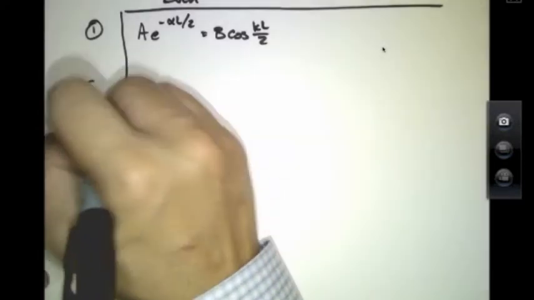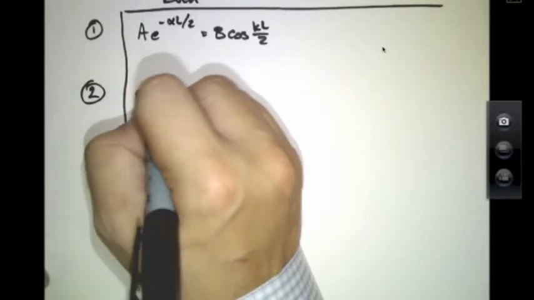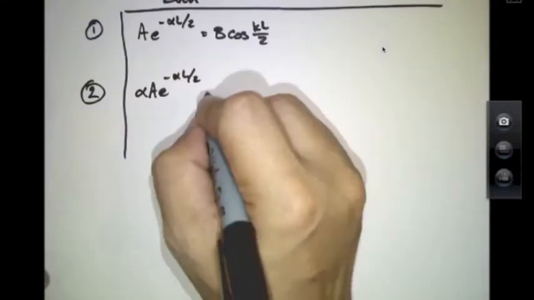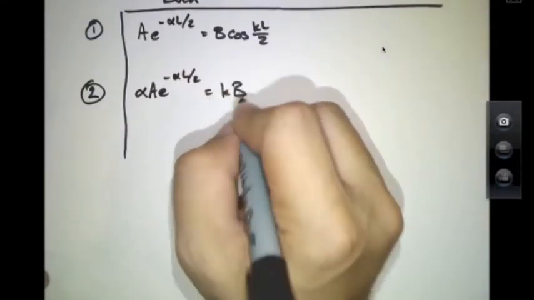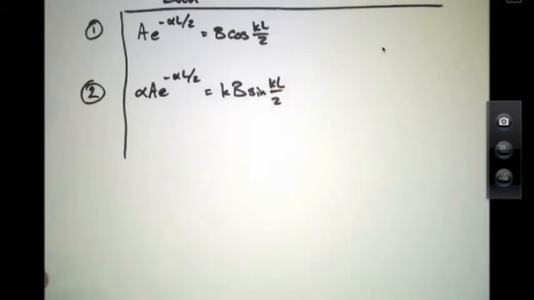Condition 2 for the even functions is alpha a e to the minus alpha L over 2 equals kb sine KL over 2.